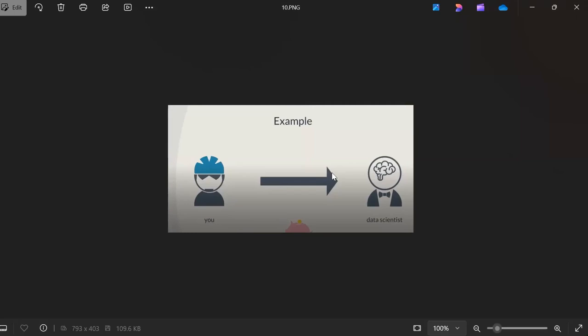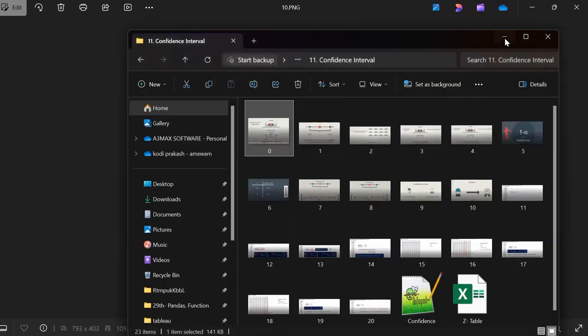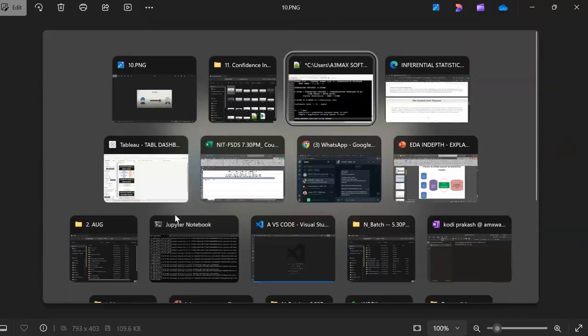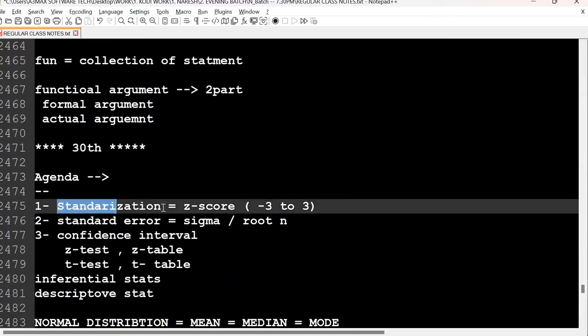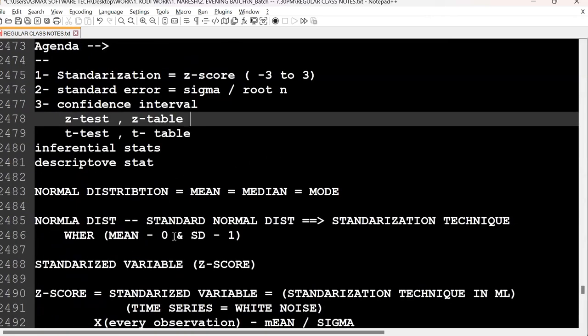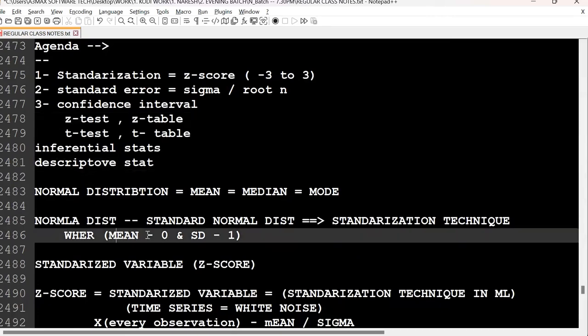Let me repeat what topics I covered so far from today onwards. For those who were absent, the first topic is standardization, also called Z-score. We convert a normal distribution to mean 0, standard deviation 1.